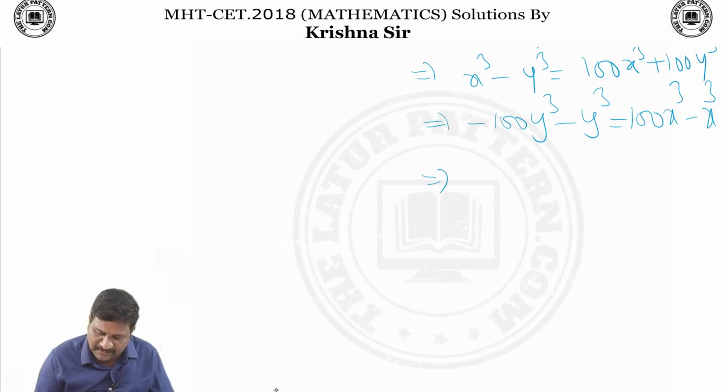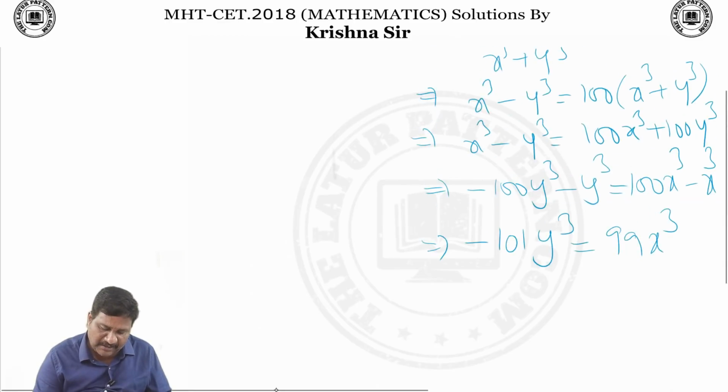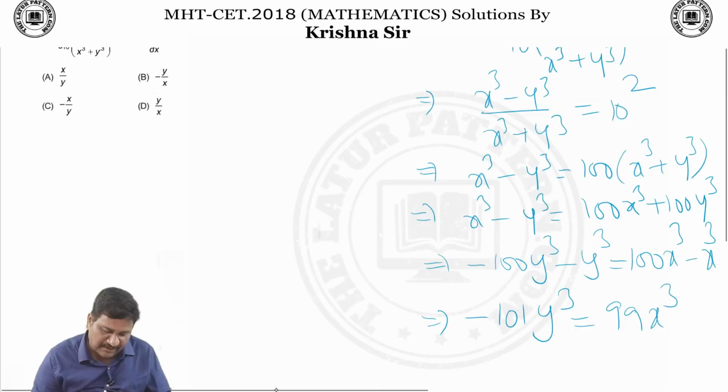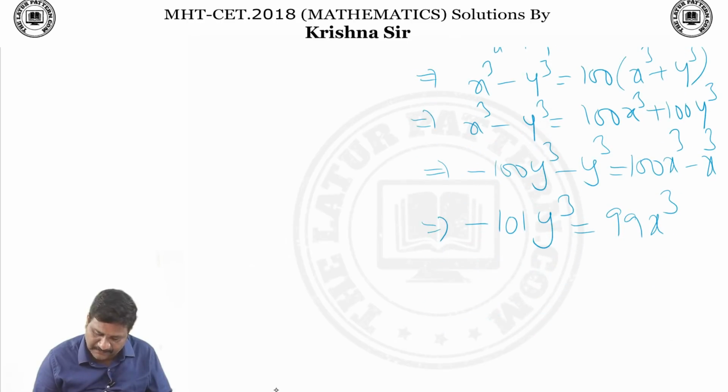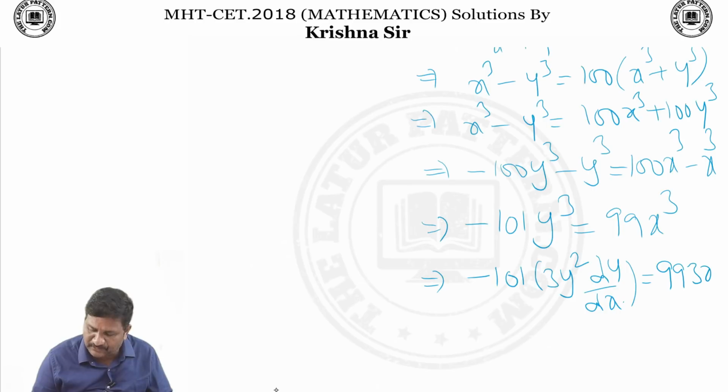This is minus 101 y cube, and here 100 minus 1, 99 x cube. Now we have to differentiate; we want to find dy by dx. So the derivative of minus 101 y cube is minus 101 into 3y square dy by dx, and there 99 into 3x square.